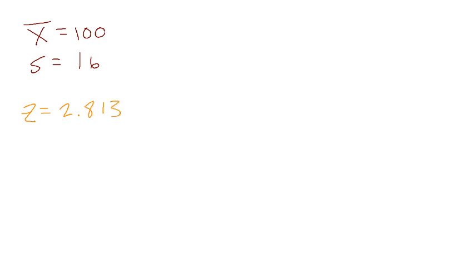Let's say we want to work backwards and figure out what raw score, or what X score, this is on this particular measure. Well, we're doing a little algebra, reworking the z-score formula. We're going to take z times the standard deviation plus X bar.